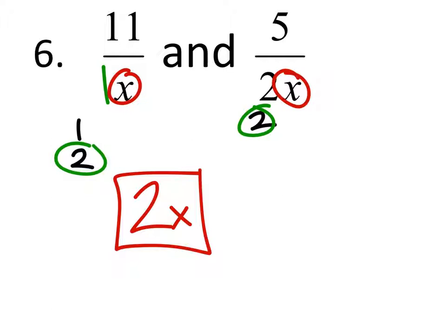What this means is if we were adding or subtracting these, we wouldn't have to change this fraction at all. If you really wanted to, you could multiply these by 1, and then multiply these by 2 to get those common denominators, and then combine them with subtraction or addition. But for now, the common denominator is 2x.